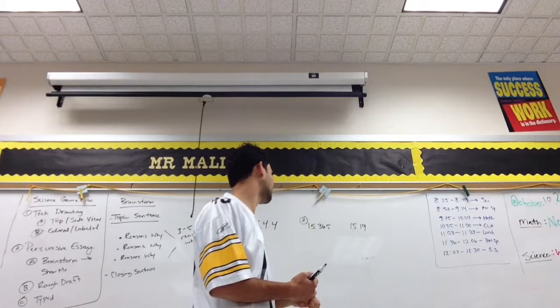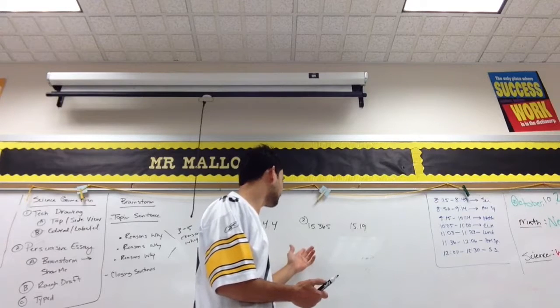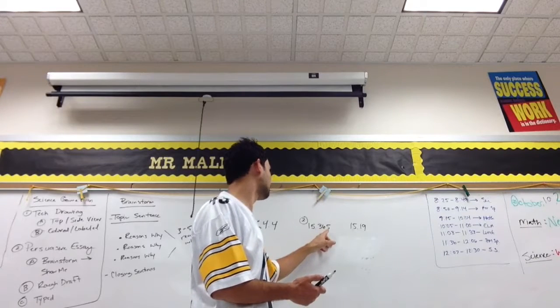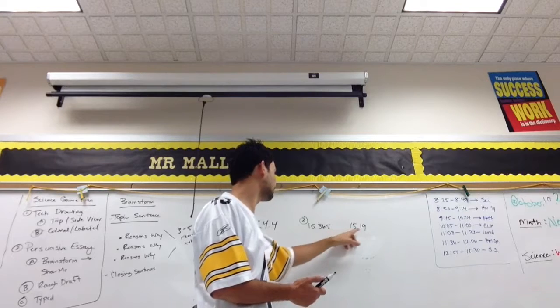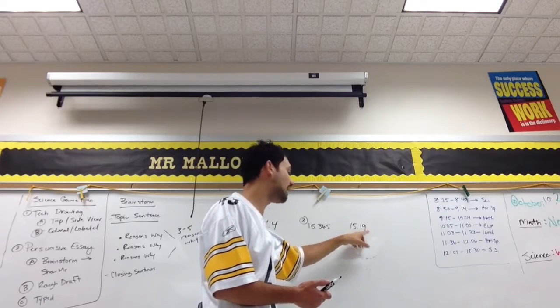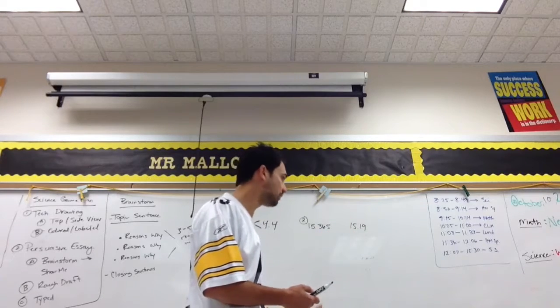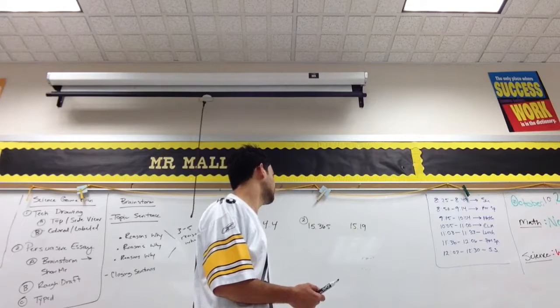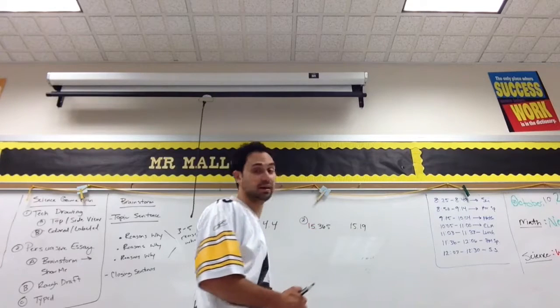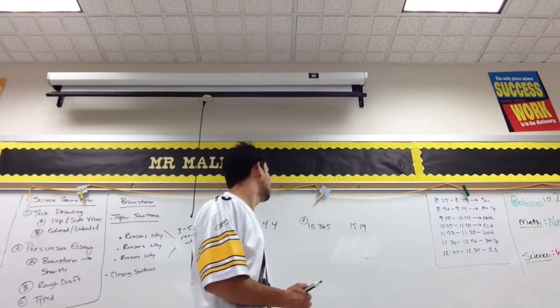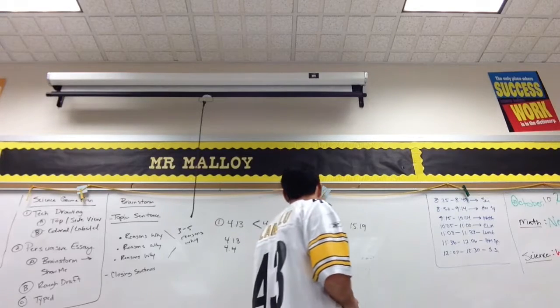We can think of it as blocks. This would be 365 thousandths. This would be 190 thousandths blocks. You can think about where they would go on a number line. You can always line them up.